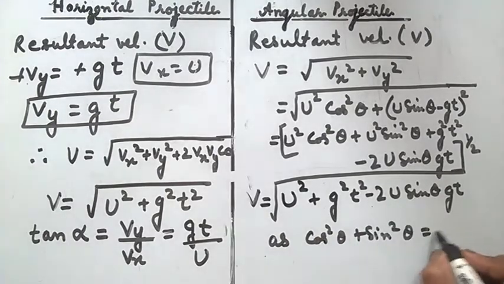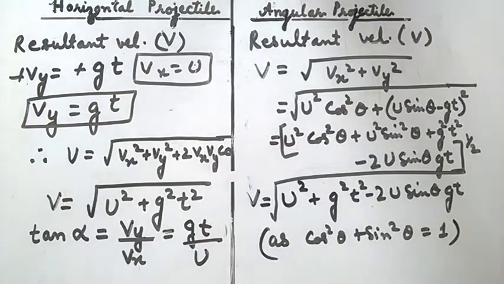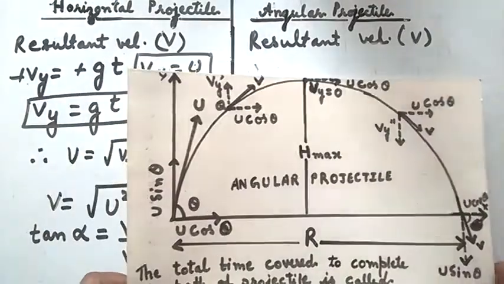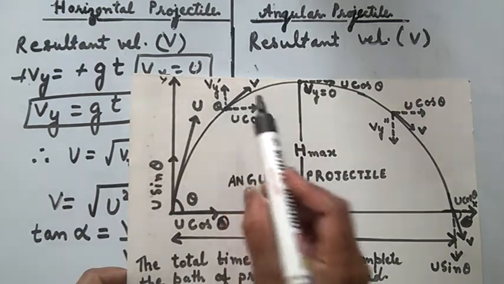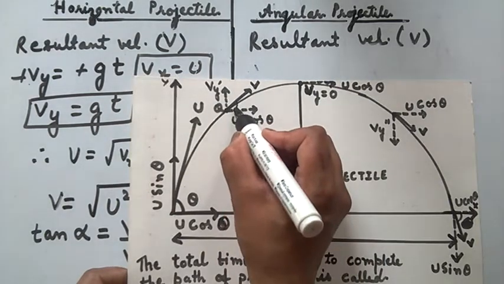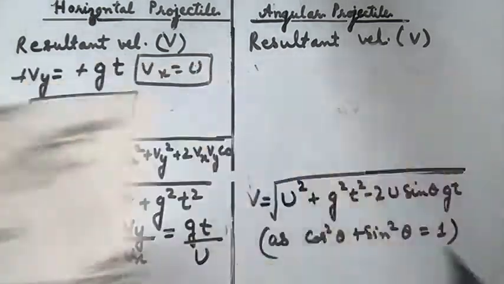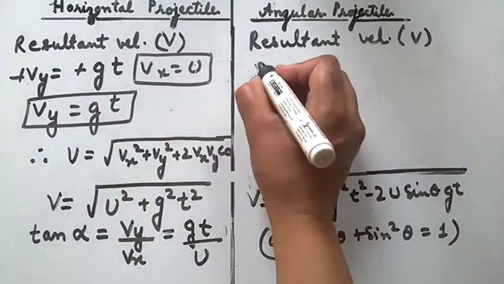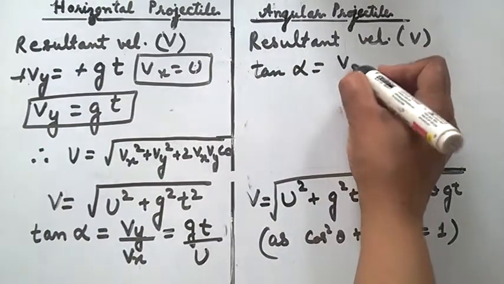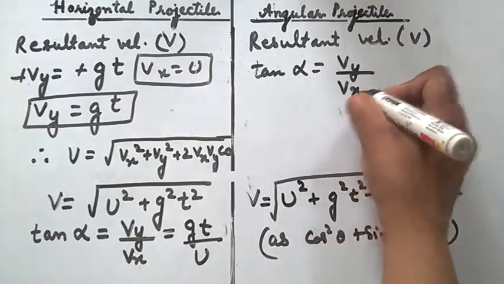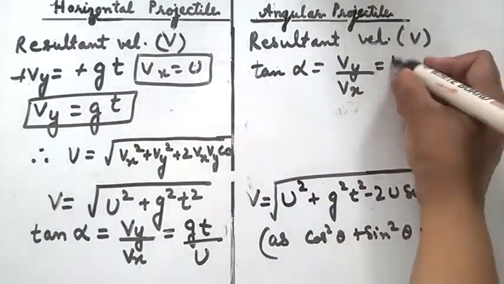And angle of resultant velocity with horizontal is let alpha. Therefore, tan alpha is equal to Vy by Vx. Vy is u sine theta minus gt by u cos theta.